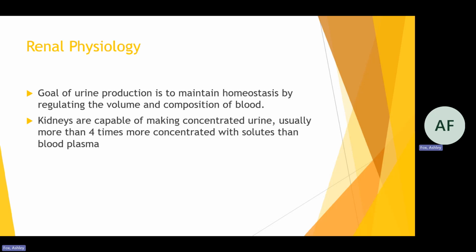So again, urine production and homeostasis. We're going to regulate our volume. The amount of water is going to be a major reason why we change volume. Either keeping water or getting rid of water is going to change the blood volume that we have. So homeostasis of blood volume, and looking at the composition of blood.